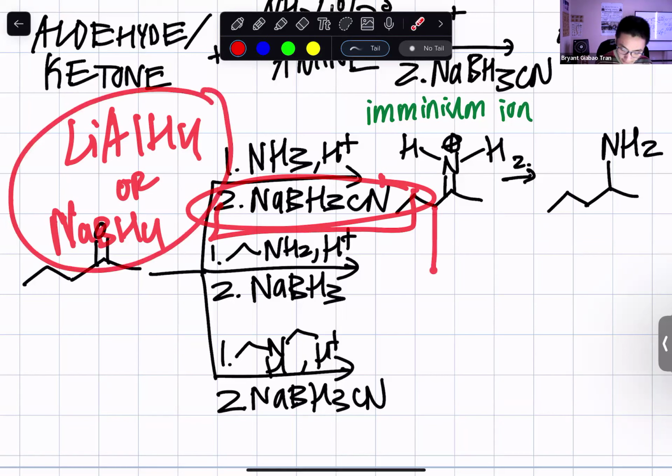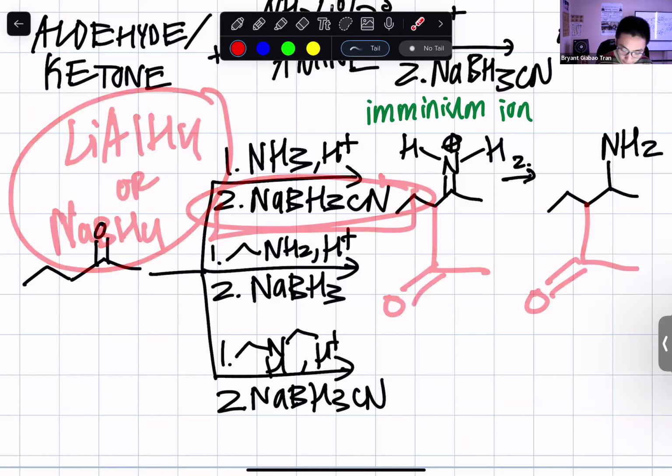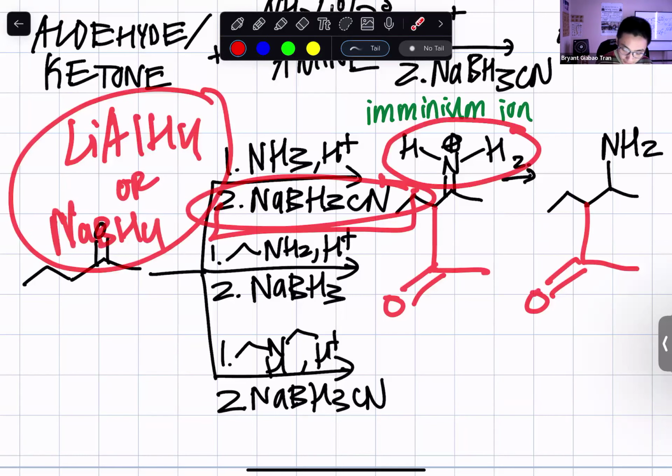So if there was a ketone present, and we only wanted to reduce the iminium ion into the amine, we would have to use NaBH3CN, because it is a weak reducing agent, only strong enough to reduce the iminium ion into the amine.